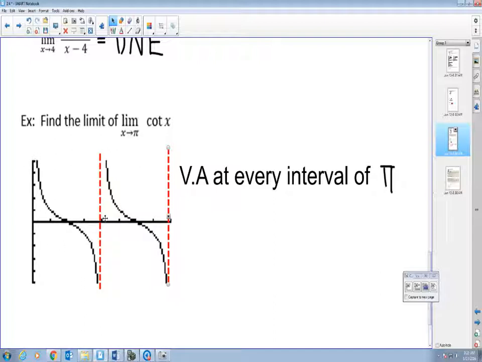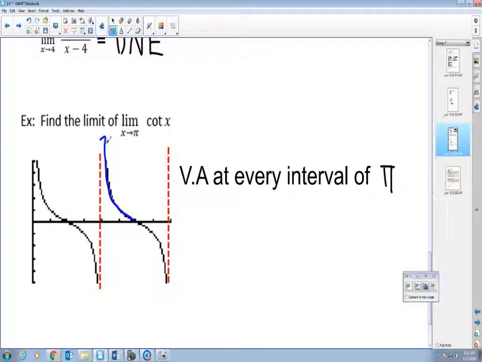Alright. So if we look at it, this first red line here is my vertical asymptote at pi. As x approaches pi from the right hand side, my function is actually increasing without bound.